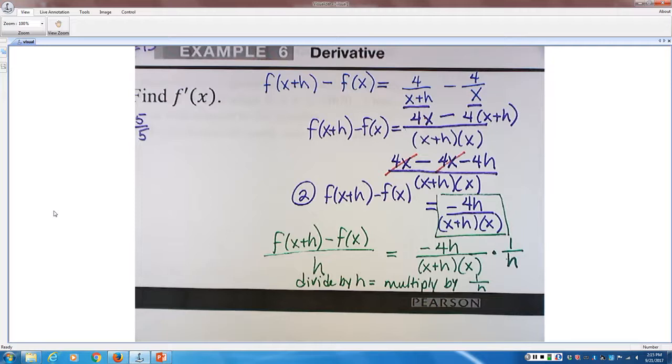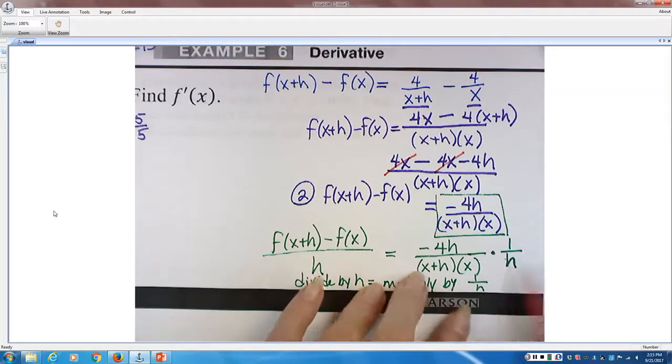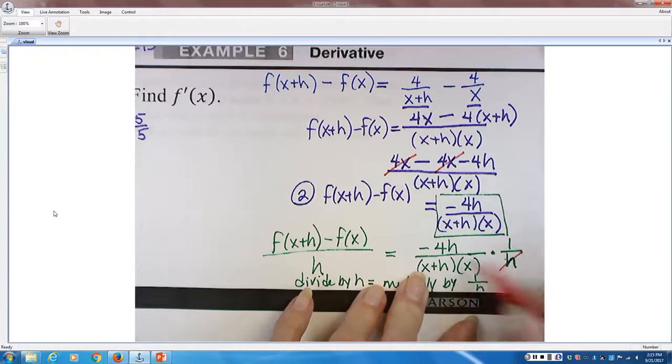Now, why would I want to do that? Why would I want to change it and make it look like that? Okay, I still have a fraction times a fraction, but what happens to h? They canceled out.